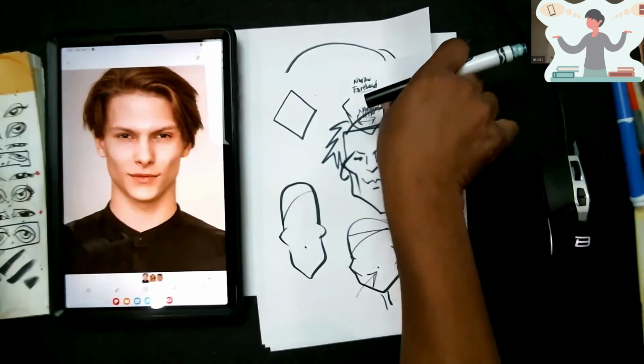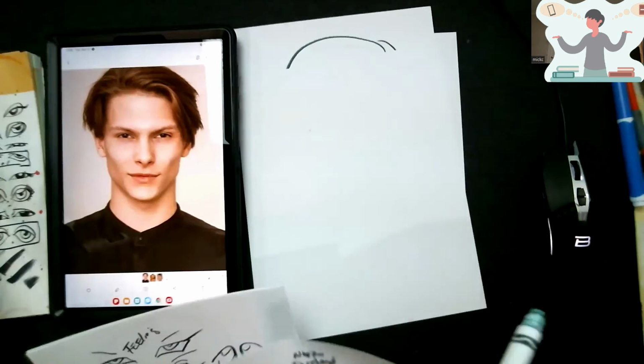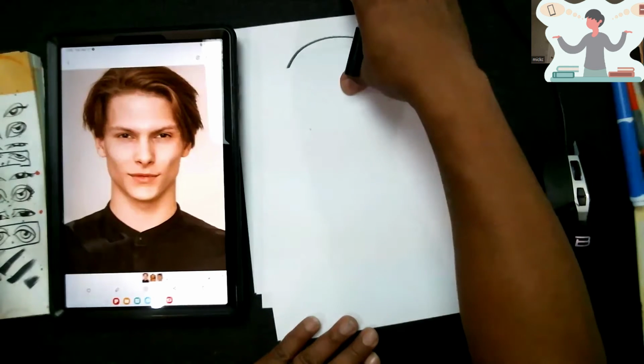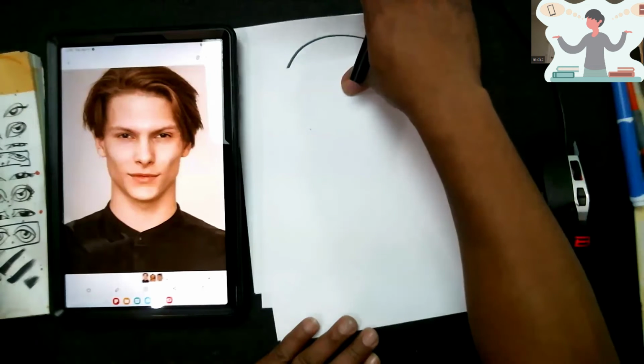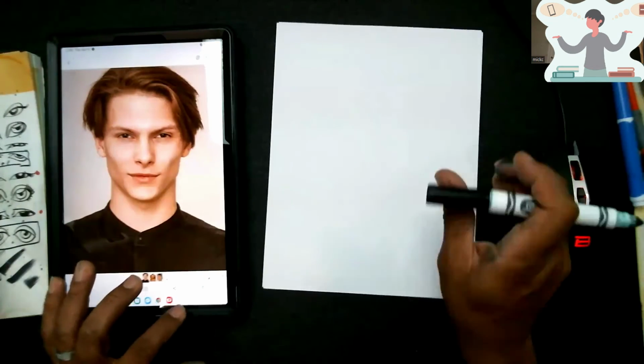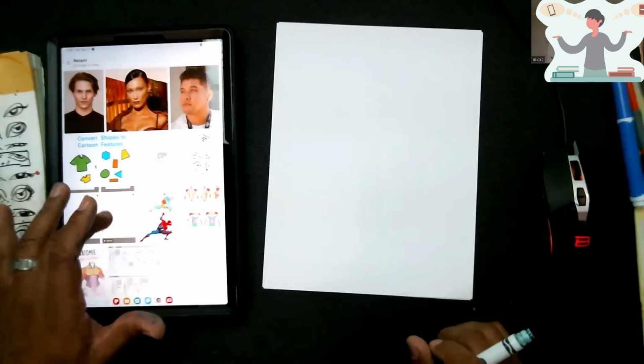So let's try to go ahead and do that. I'm gonna do a quick little cartoon of him. So we're gonna use the diamond shape here. Actually, you know what? I think a better diamond shape would be this one.